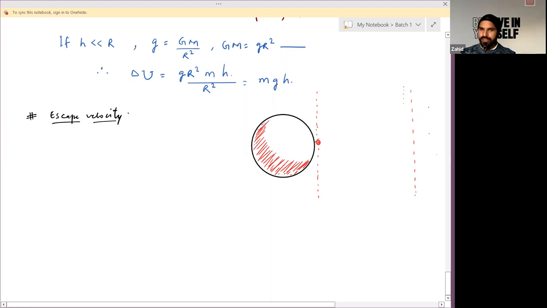So if you move this body from this point to this point, it may escape out from the gravitational influence of Earth. So the amount of energy provided to this object, or the velocity with which it is thrown so that it will go beyond the scope of gravitational influence of Earth, this velocity is called escape velocity. Is it clear?